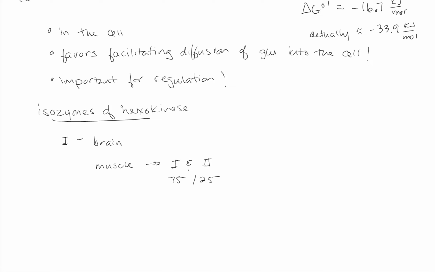The Km for glucose is about 0.03 millimolar for type 1 and about 0.3 millimolar for type 2. So let me write that down really fast. For type 1, the Km is 0.03 millimolar concentration of glucose, and for type 2, the Km is an order of magnitude greater.